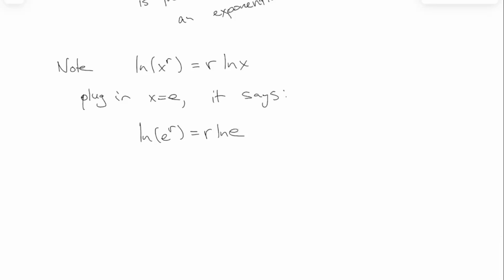And what is ln e? This is the definition of the number e. Ln e equals 1, all right? And so what I have here is ln e to the r equals r.